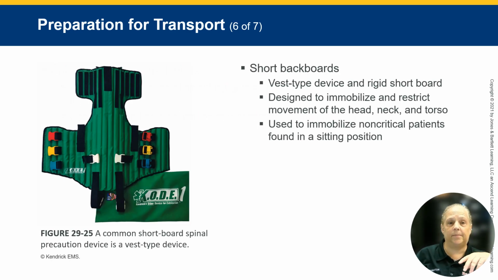This is a vest type. It takes a couple of minutes to put it on. You're going to use it for patients that are not critical. They're in the seated position. You're able to actually lift them up out of the vehicle or up out of that seated position and put them on the stretcher or a longboard.